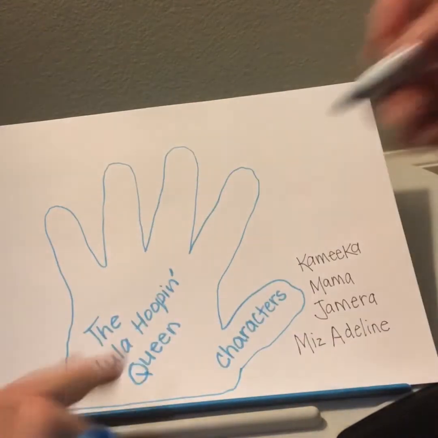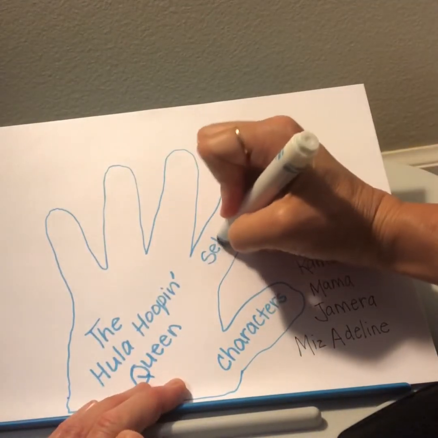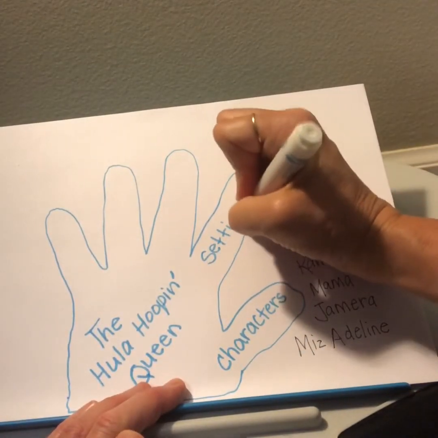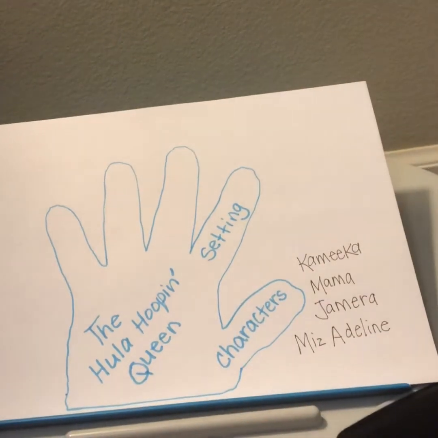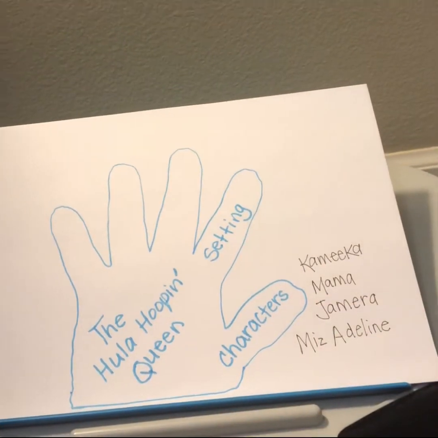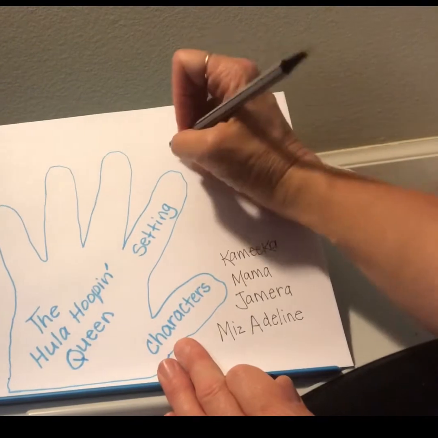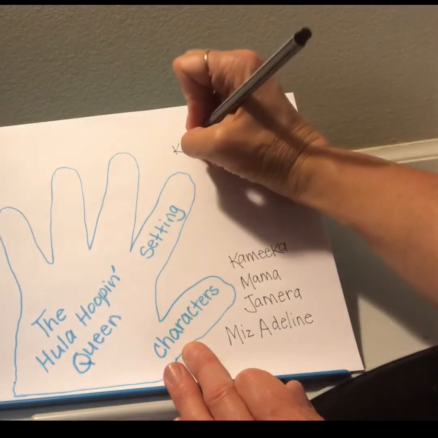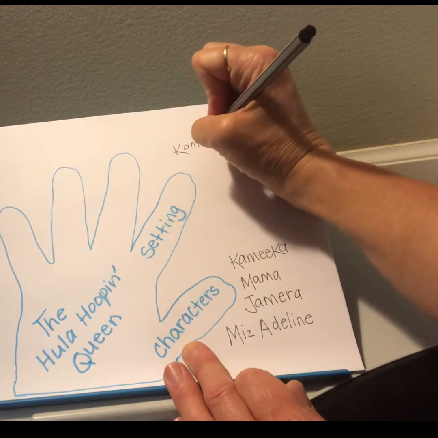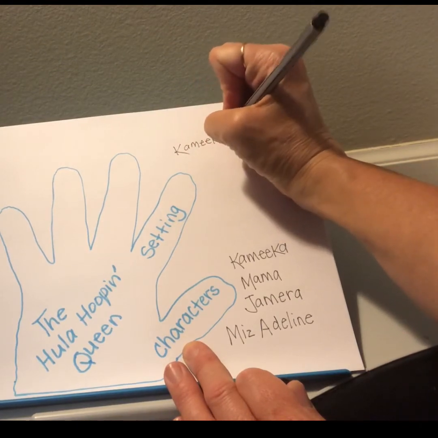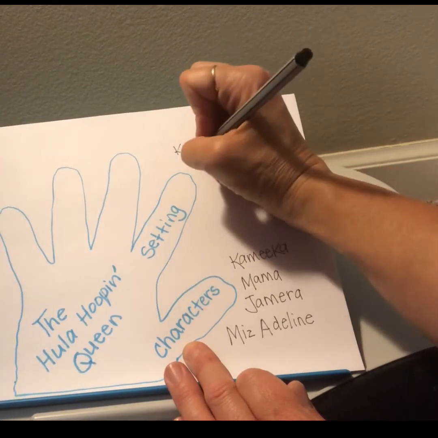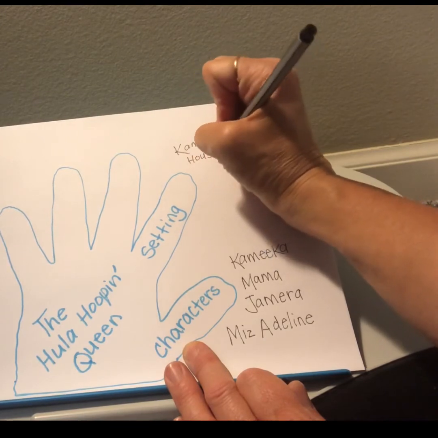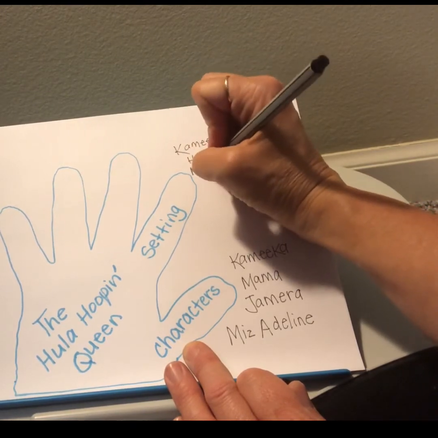For our pointer, it's the setting. The setting is where the story takes place. This story takes place in Kamika's house and her neighborhood.